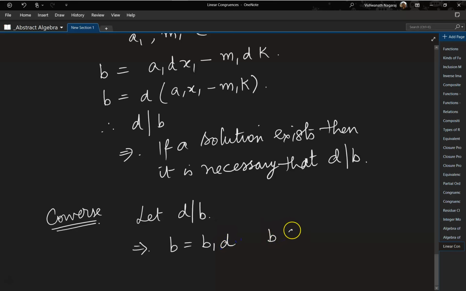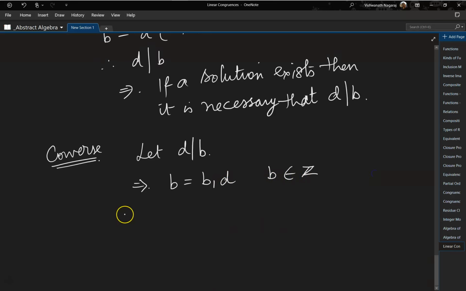Here B1 belongs to the set of integers. Okay, now here comes the tricky part. D, because D is, remember, the GCD, can be written as UA plus VM. Why? Since D is the GCD of A and M.